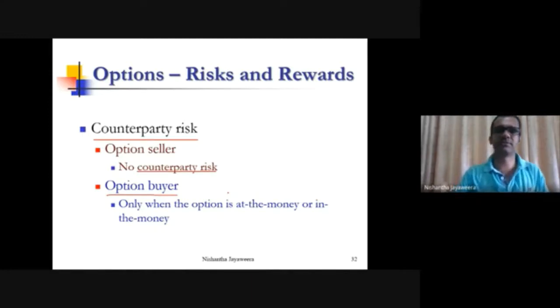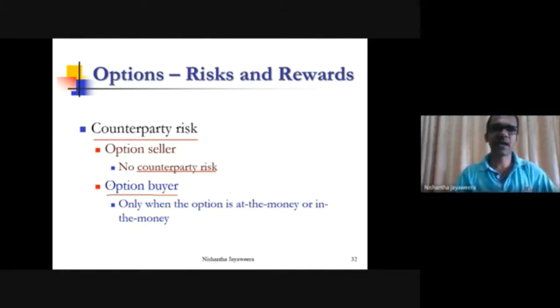So when you try to exercise your right, the counterparty should exist. The party who collects the premium should exist there in the market, and should be in a position to honor your transaction.